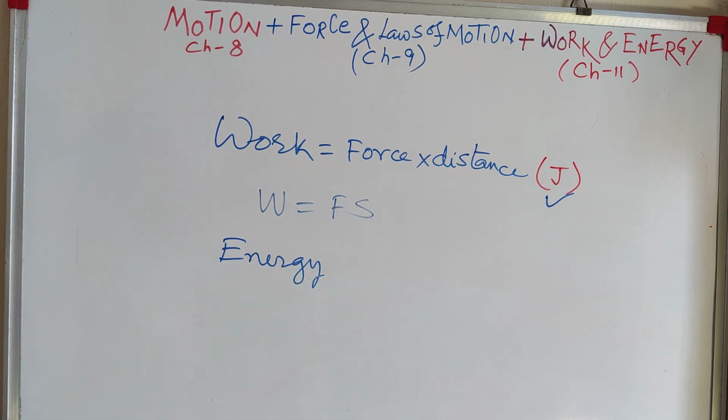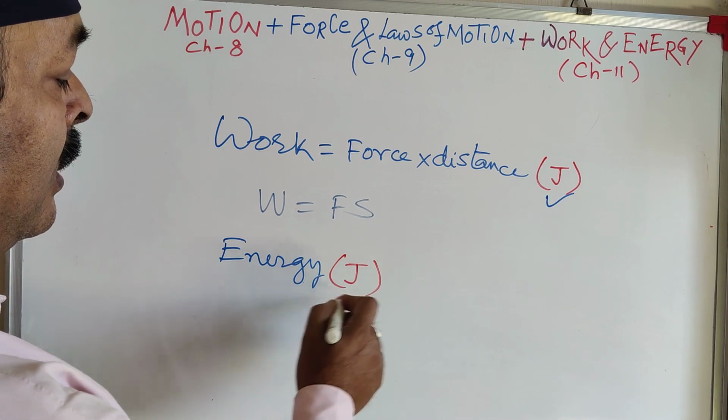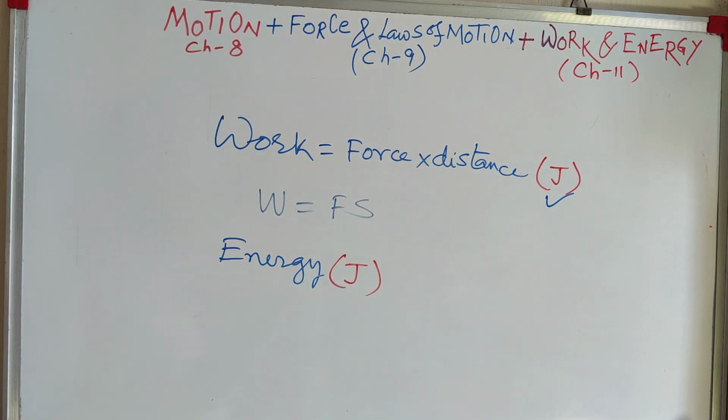So energy and work are just like two sides of the same coin. That's why the unit of energy is also joule. When you take a coin, on one side is written work, on the other side is written energy, but it is the same coin. Both have the same unit.